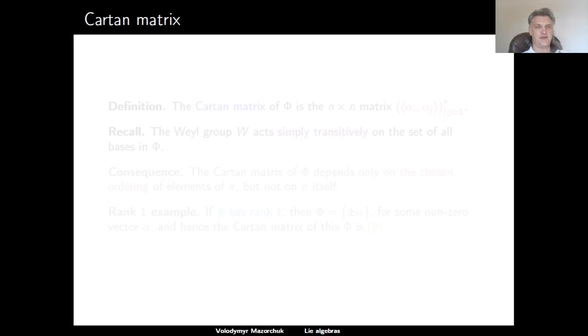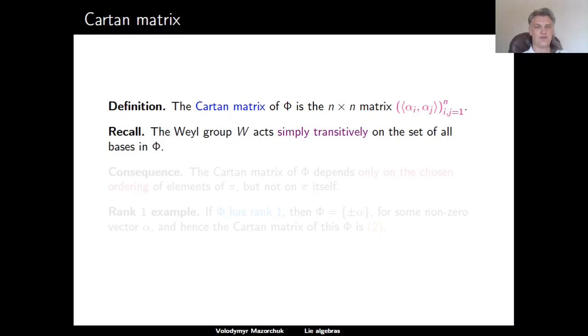Let us start with the definition of the Cartan matrix of the root system Φ. The Cartan matrix of Φ is defined as the n times n matrix, where n is the rank of the root system, and the entry in row i and column j of this matrix is just the angle bracket between αi and αj.